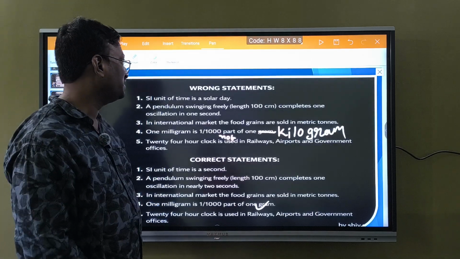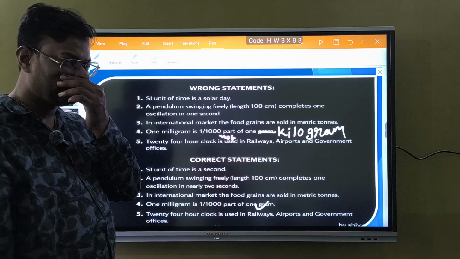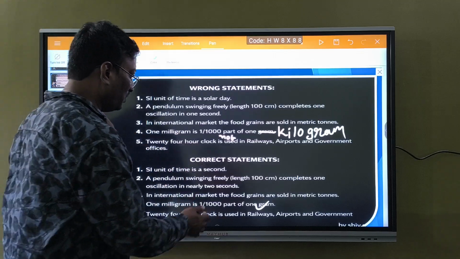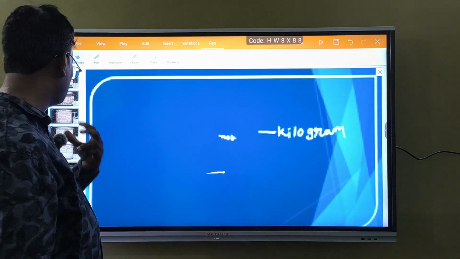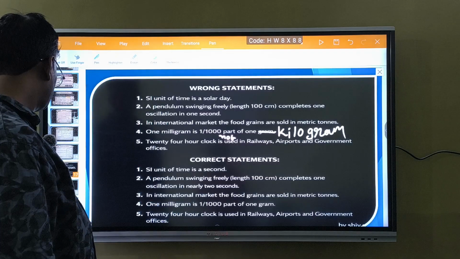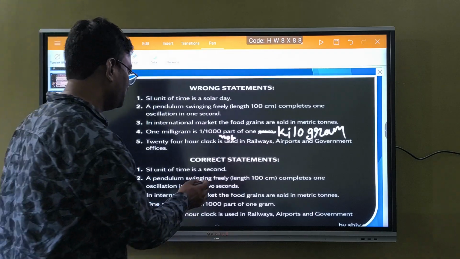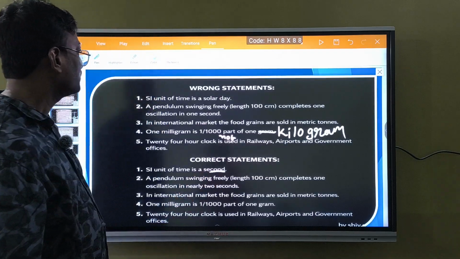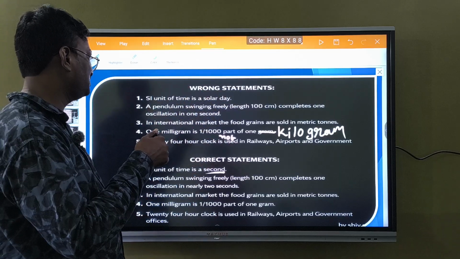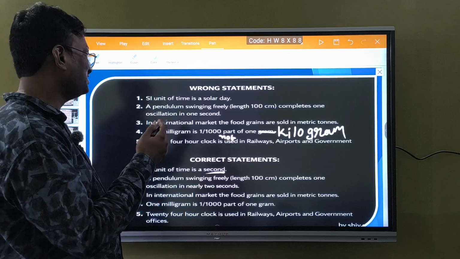Okay children, next one, there are wrong statements and we have to correct those. SI unit of the time is solar day. No, it is second. We already discussed in the topic. It is second. A pendulum swings freely, completes one oscillation is 1 second.